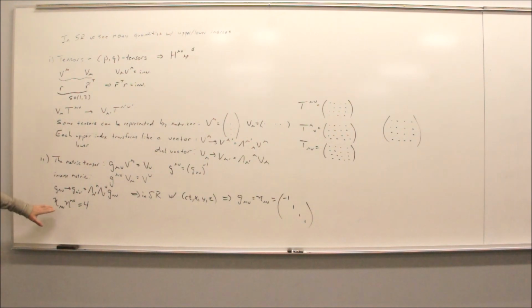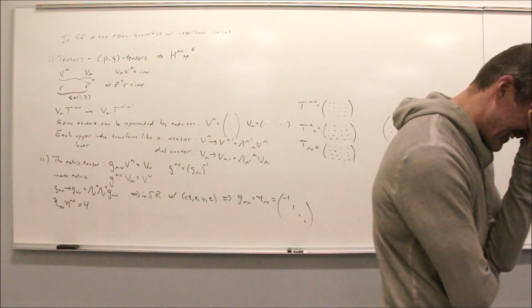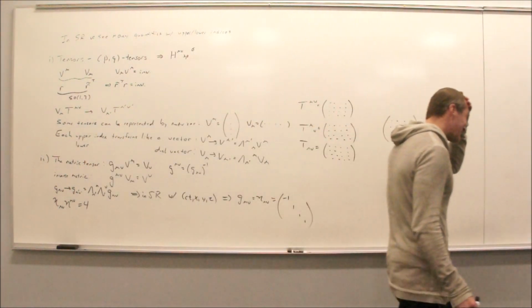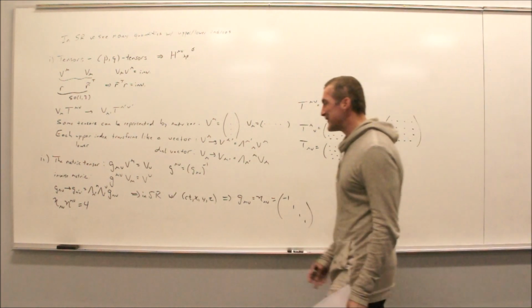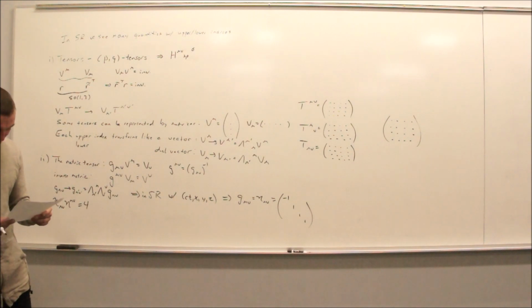I think this is the definition of the trace of a matrix, of a tensor. Oh, but it's not the determinant. Did I say the determinant? Yes. Oh, shoot. That's why I was struggling. I'm so sorry. Maybe I wrote it as determinant.